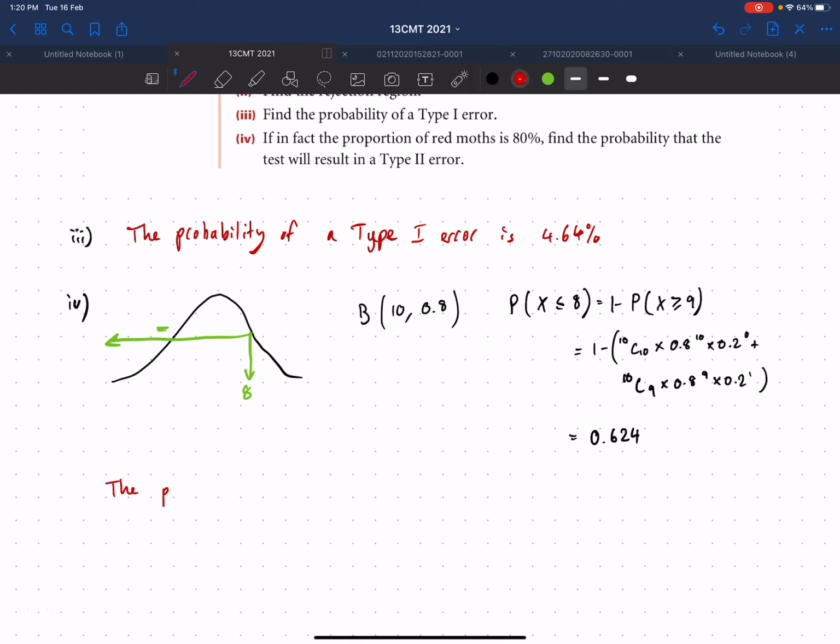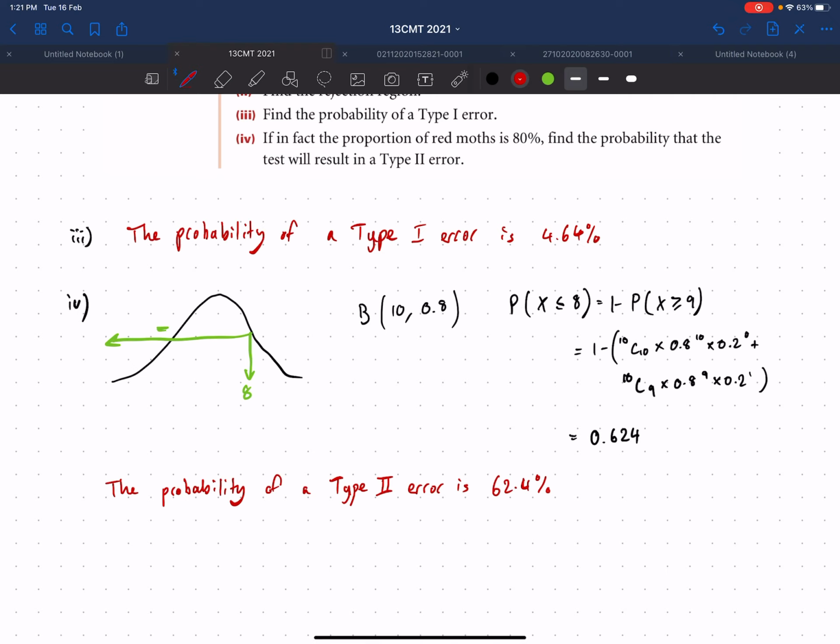The probability of a type 2 error is 62.4%, which is quite high. Type 2 errors actually occur quite often because our significance level is so small.